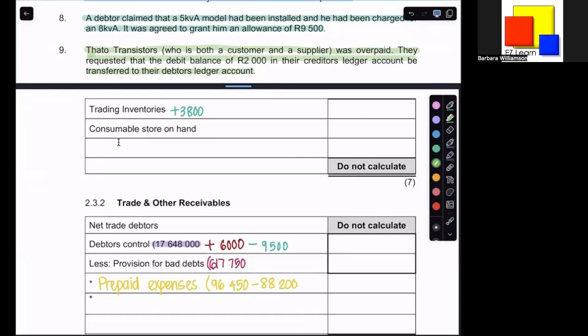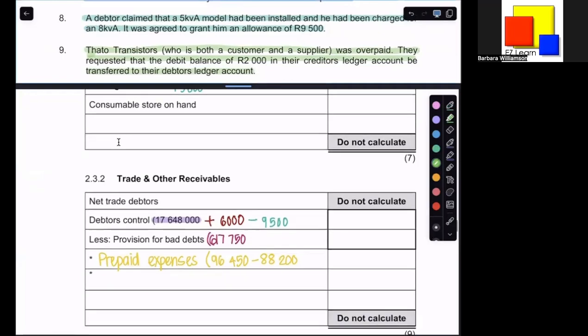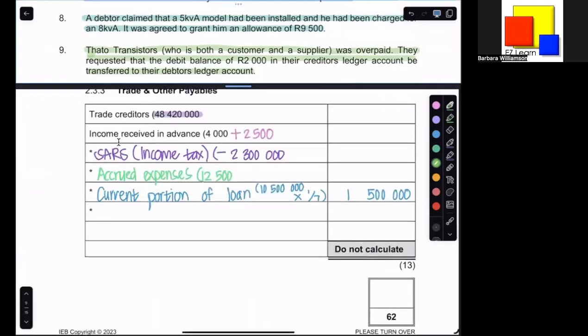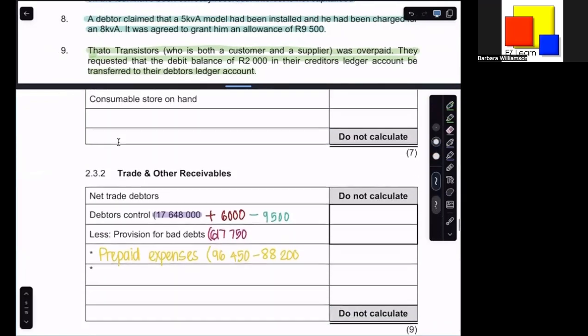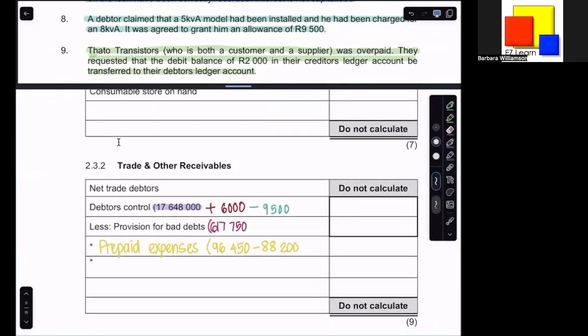Now, if the creditors' ledger has got a debit balance, that means it is in negative, and so you will need to add to the payables. And then when you go to the receivables, you'll probably think automatically, oh, I just need to subtract it. But you don't. Because remember, if you're moving a debit balance, a debit will increase your receivables. And so you'll add 2,000 to receivables.